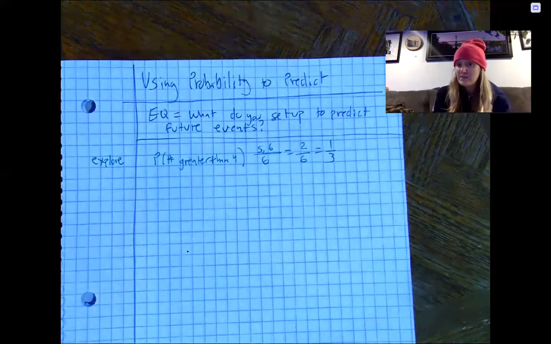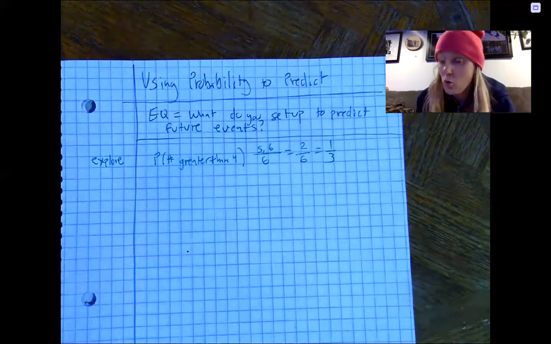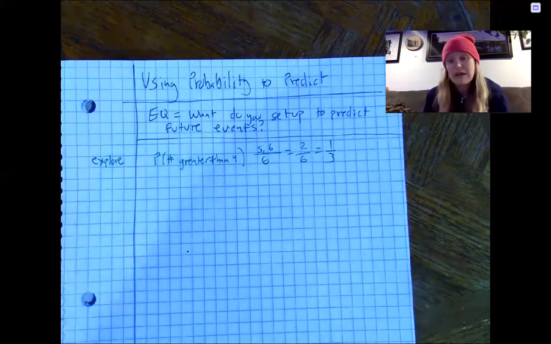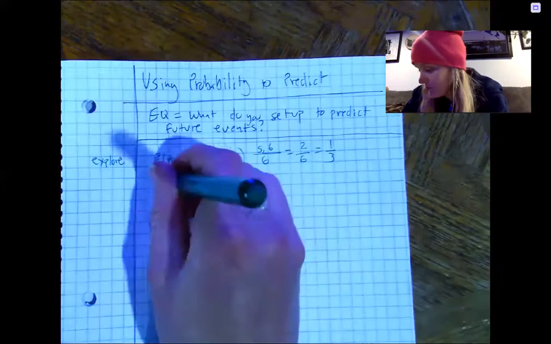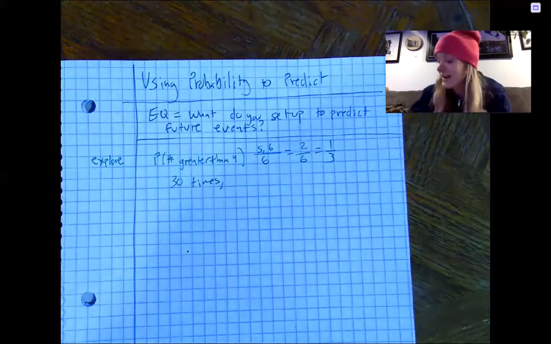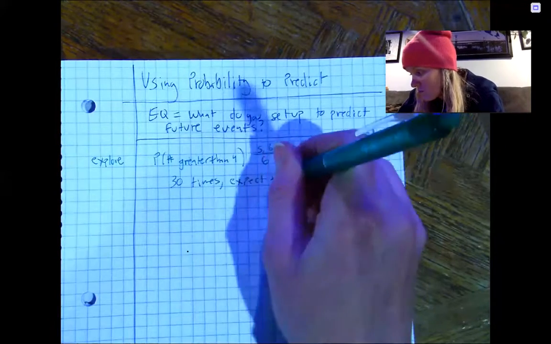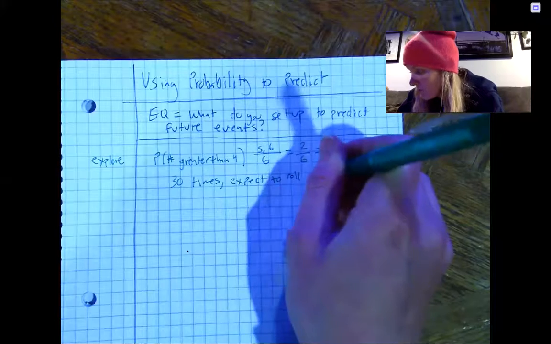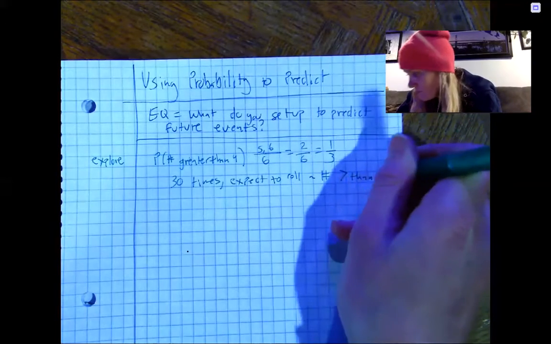So if I asked you, theoretically, if I was to roll a dice 30 times, how many times can I expect to roll a number greater than 4?